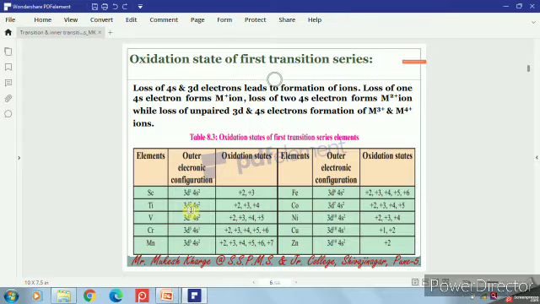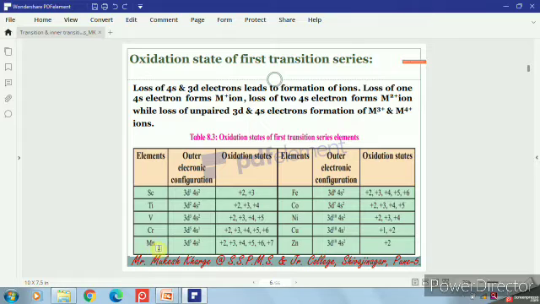So if it loses the 4th electron from the 3d orbital, it forms Ti4+. In the case of vanadium, there are 5 electrons. If the 5th electron from the 3d orbital is donated, then it forms vanadium 5+. In the case of chromium, there are a total of 6 electrons, so it can form the +6 oxidation state.